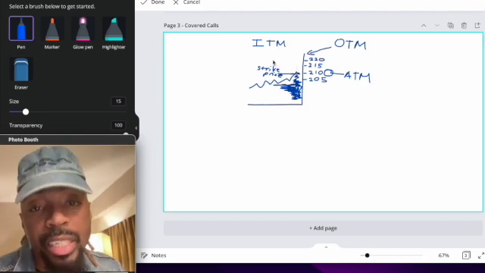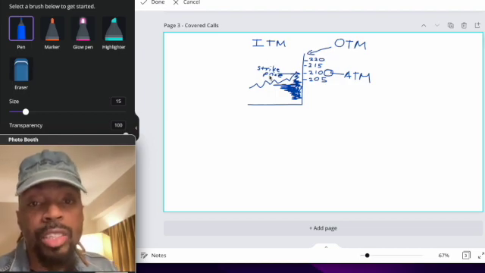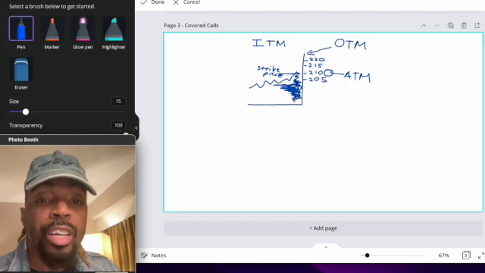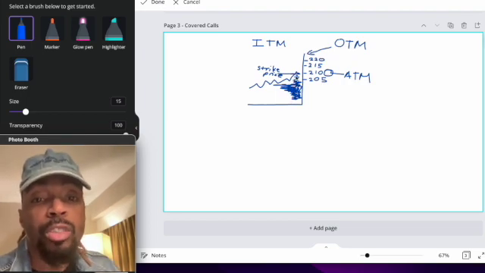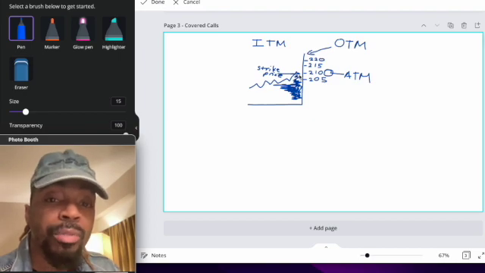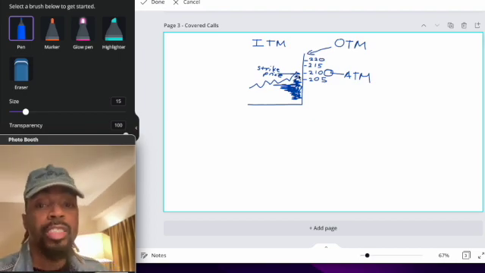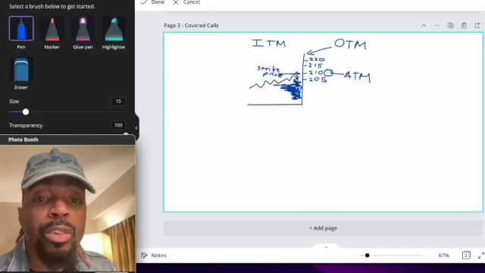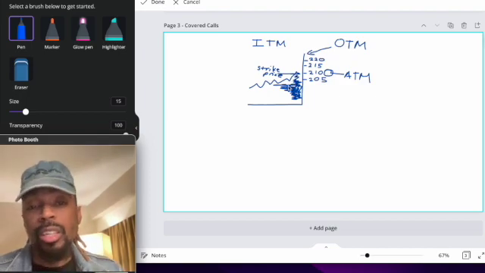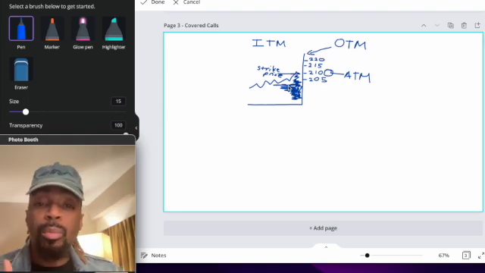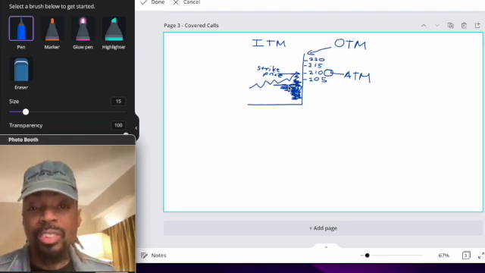The in the money area is where this shaded area would be, because we're making a call at the strike price of 210, saying that it's going to hit 210. That's the call. So any number that it already surpassed would be considered in the money because it doesn't have to reach the number. It's already reached it, right?